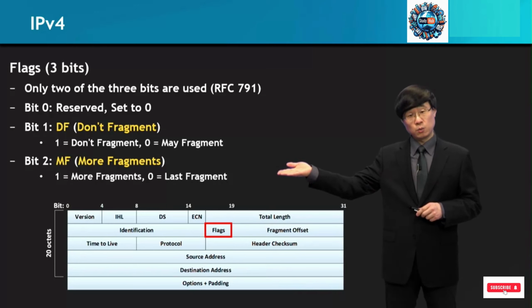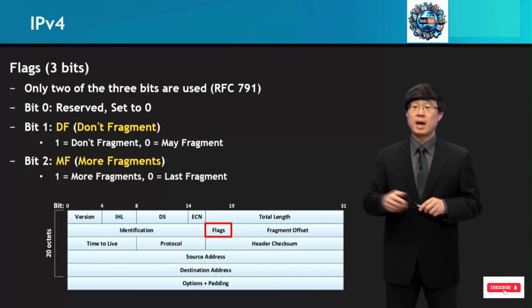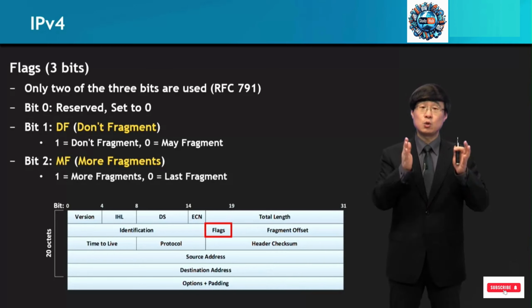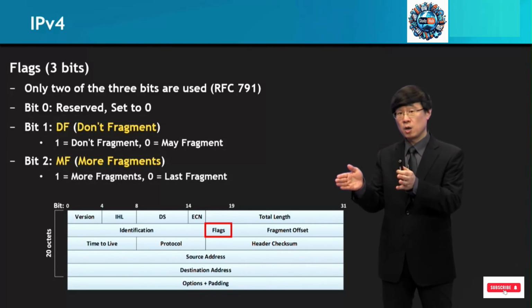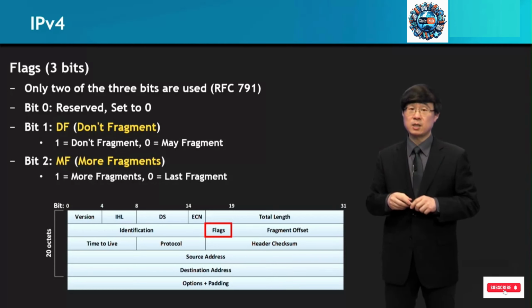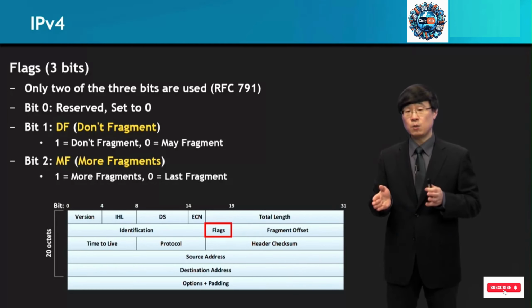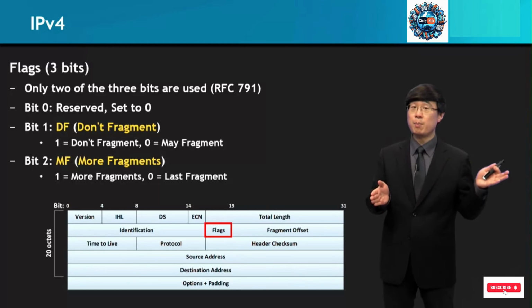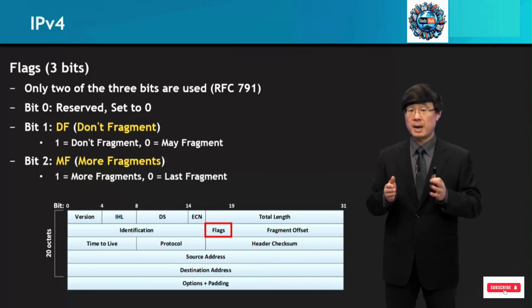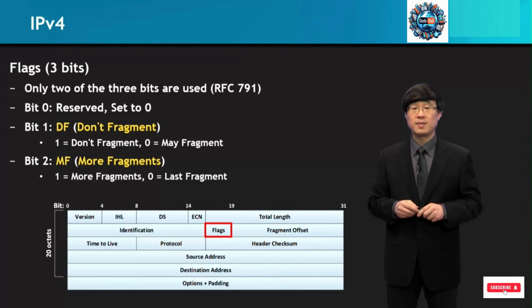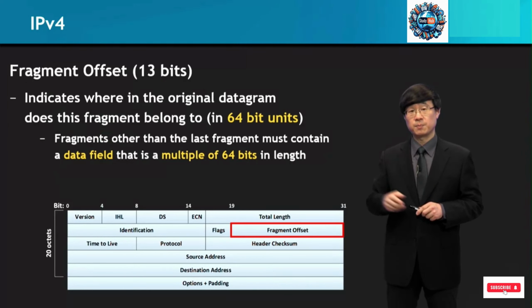Then there's bit 2, which is More Fragments. If you do fragment a packet, then the preceding part will have this bit set to 1, to indicate that a following fragment is going to come after this packet. And that's what this is used to indicate.